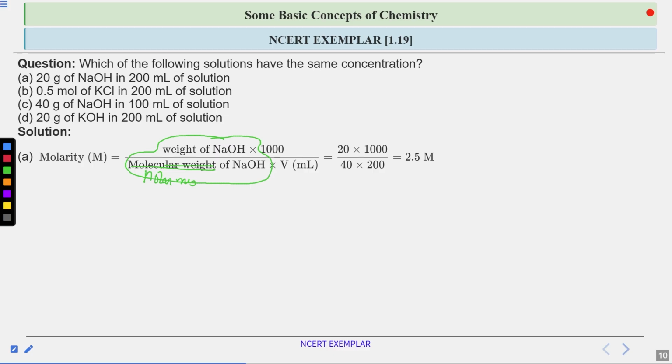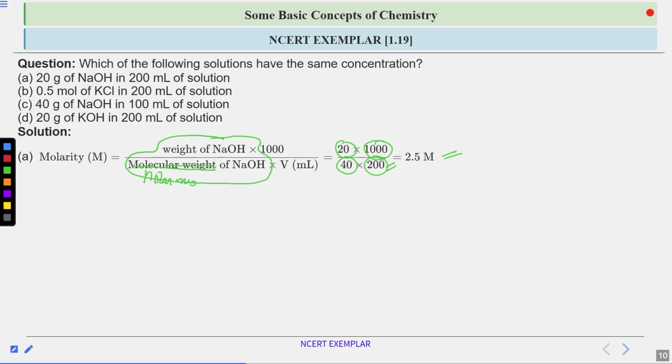It will be 20 by 40 multiplied by 1000 by 200. Why have I multiplied by 1000 and divided by 200? Because we have to consider the volume in liters. It will give you 2.5 molar.